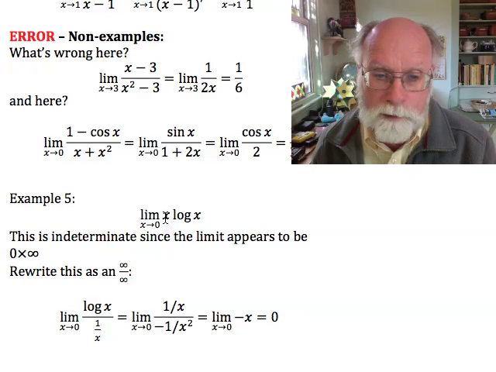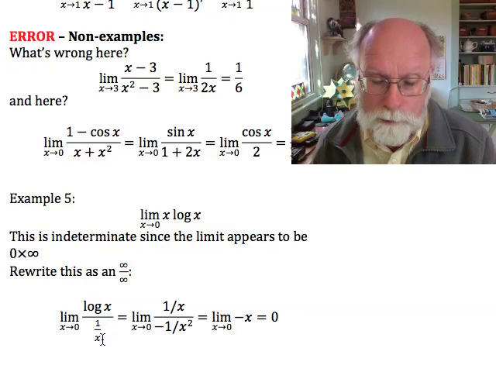We replace the x log x by something that's algebraically equivalent, log x over 1 over x. So log x over 1 over x is the same function as x log x. But now we have an infinity over infinity form, and we can apply L'Hopital's rule.